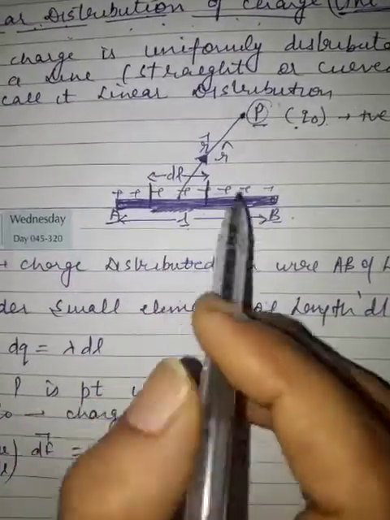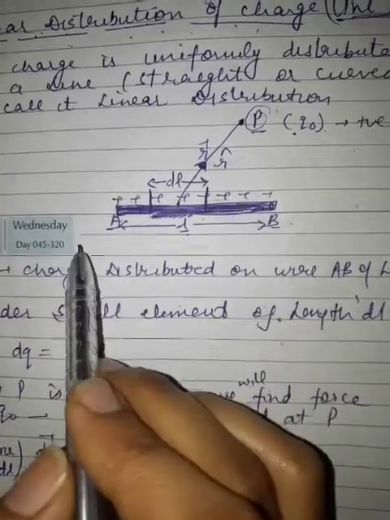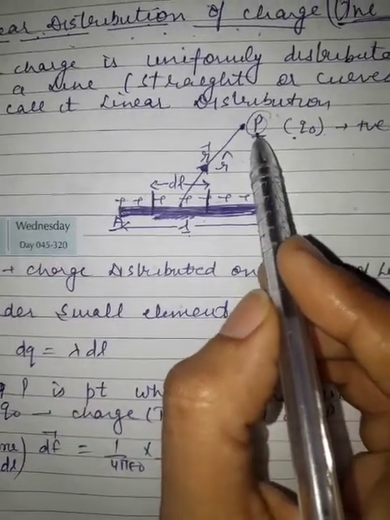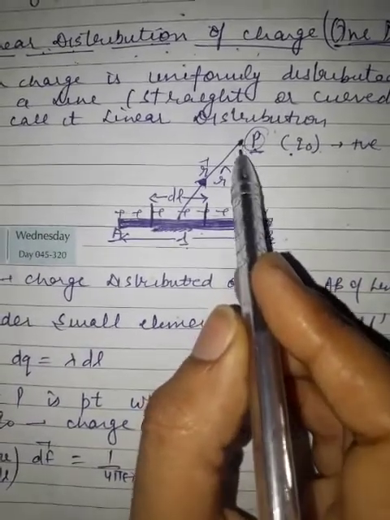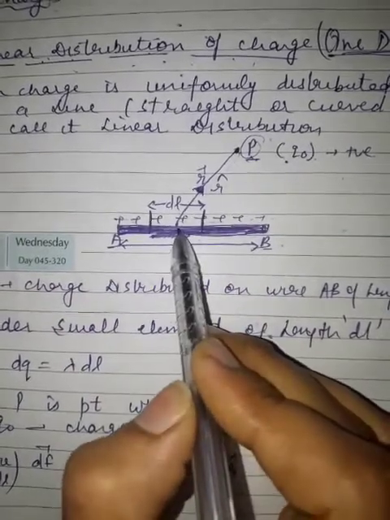Now consider, we have taken length L. It has the charge Q distributed on its length. Let P be a point where you want to find out the force. This point P is at a position vector r from the center.